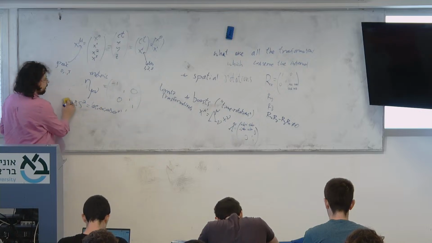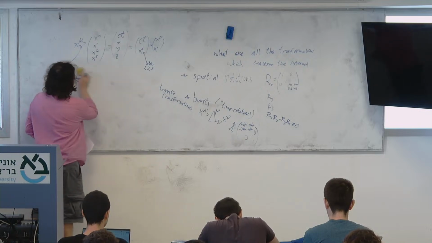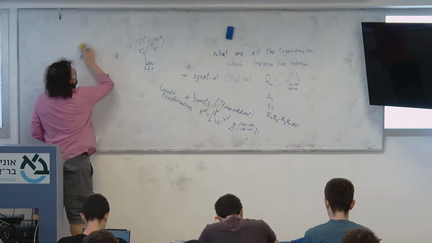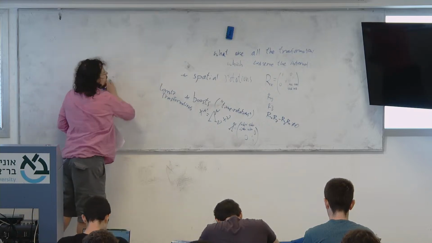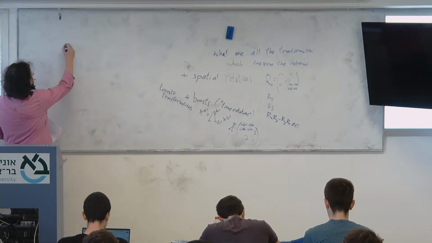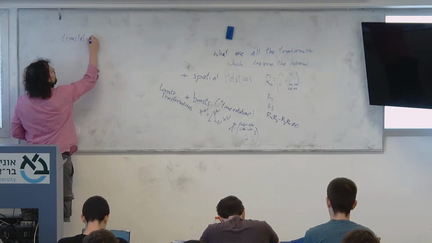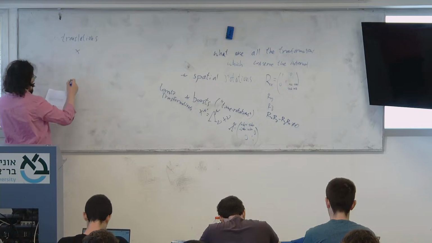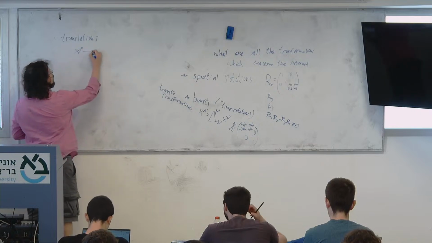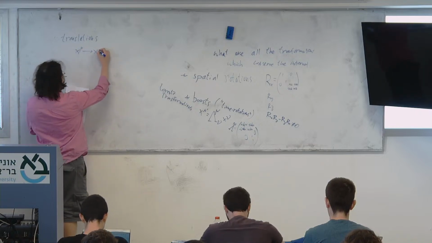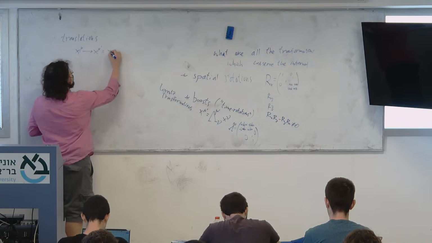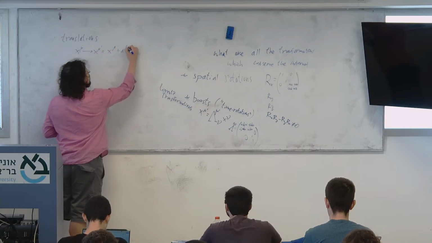And what else do we have? Translations. Typically, people start with these. They're the easiest. x mu goes to x mu prime, which is x mu plus some constant a mu.